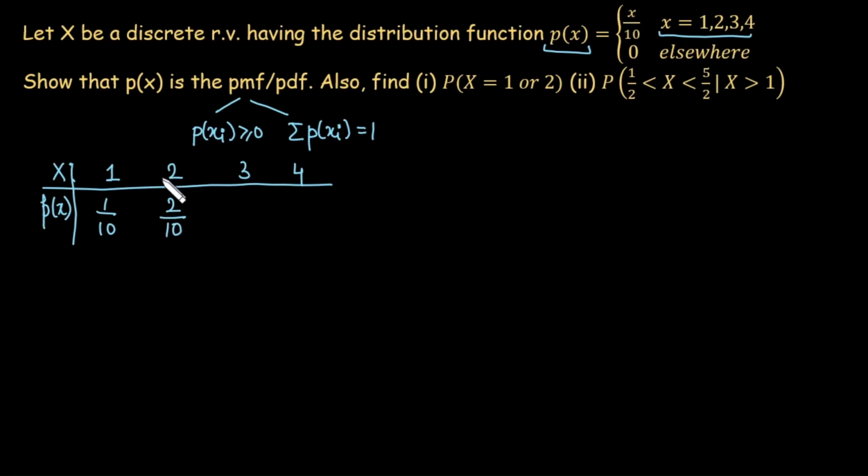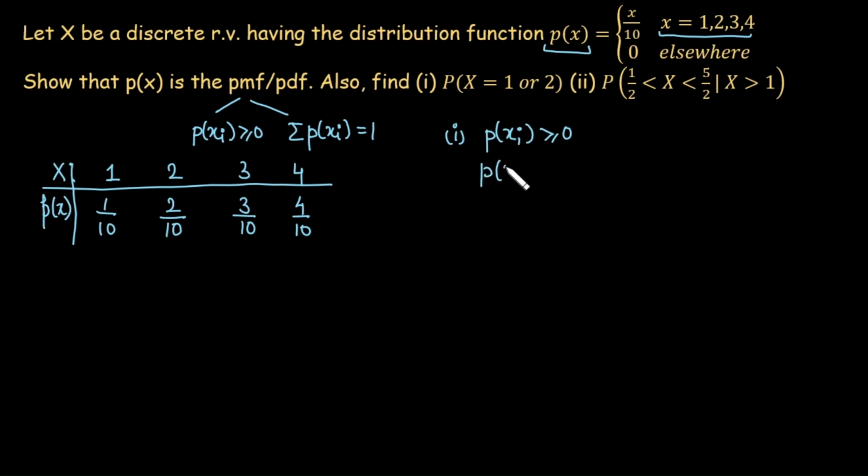And when x is equal to 3, the corresponding probability we have is 3 by 10. And when x is equal to 4, that is 4 by 10. Now, if this is a probability mass function, the first condition is that the probability of each random value is greater than or equal to 0.